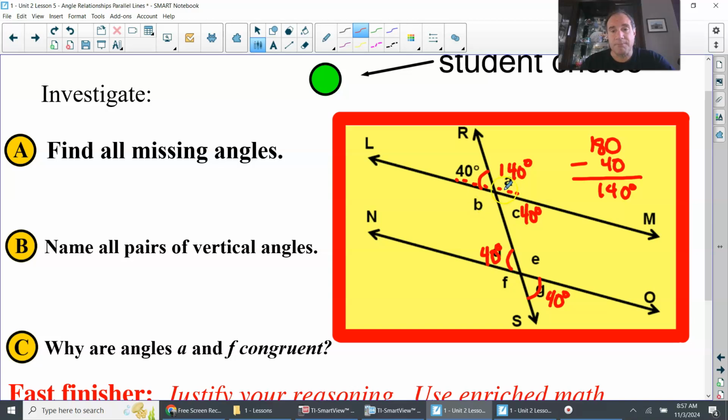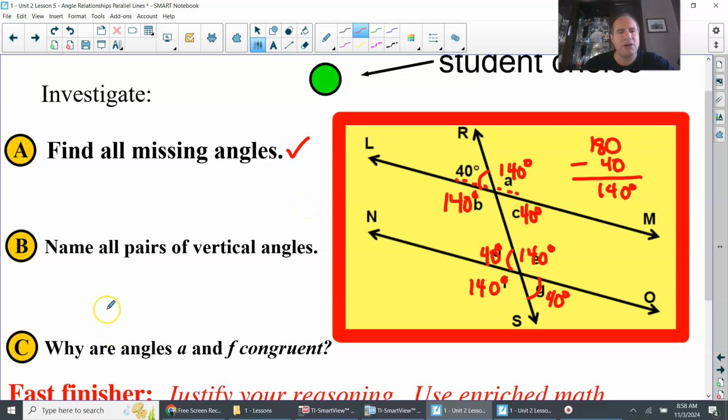Yes, you do. B, right across from it, vertical angle, is also 140 degrees. Then alternate interior, B and E. E is an obtuse angle, and F is vertical to E. That's 140. So we found all of the missing angles. That's all you have to do.